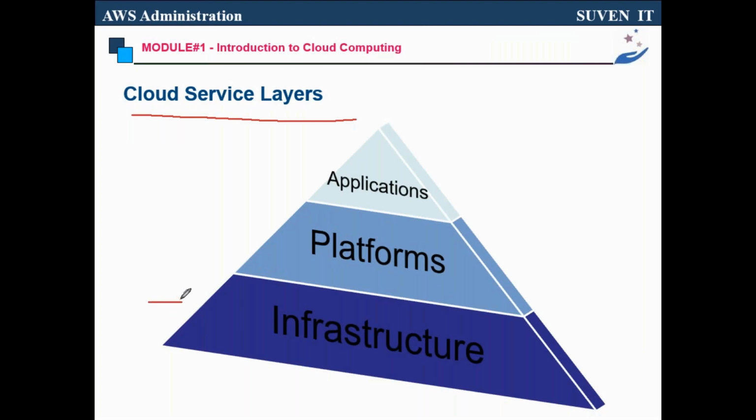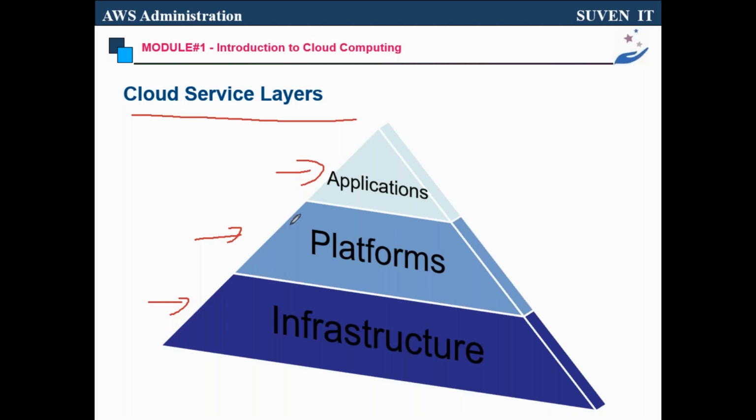So then coming to the different layers of cloud computing: infrastructure as a service, platform as a service, and software as a service. We have three types of layers. Just try to remember this right now. You need not spend another 1 hour to remember this again. Try to focus here, close your eyes and try to remember.